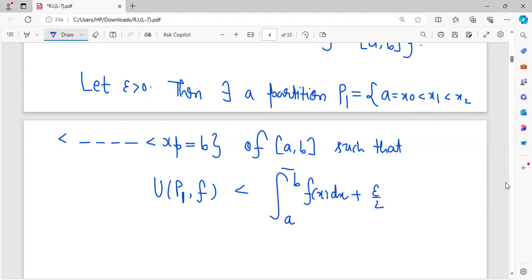This comes from the definition of infimum: if you add some positive quantity to the infimum, there will be some member of that set, that is U(P1, f), below it.